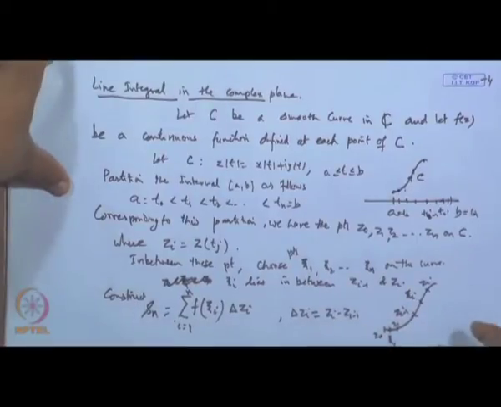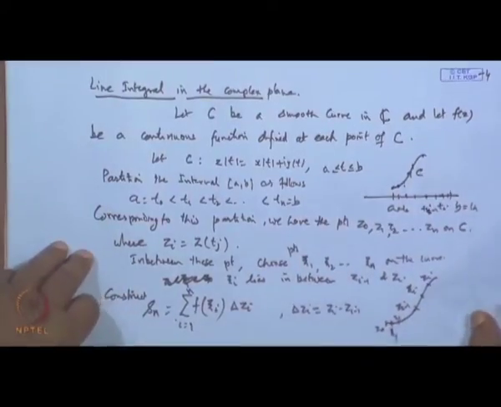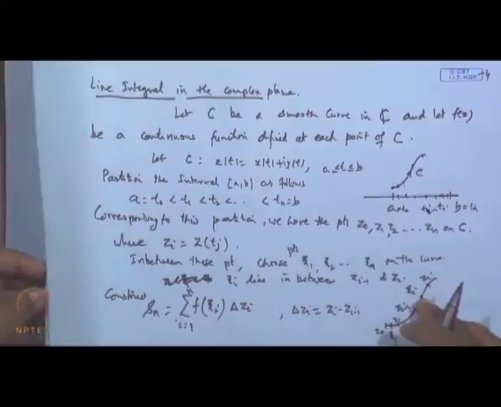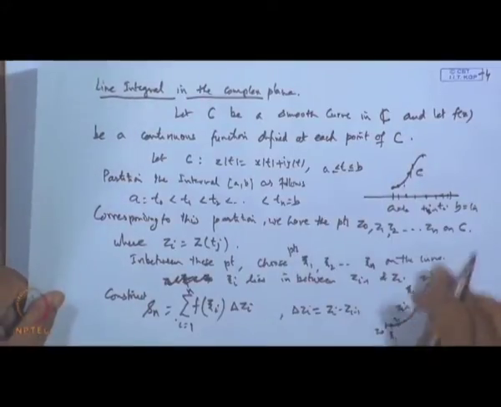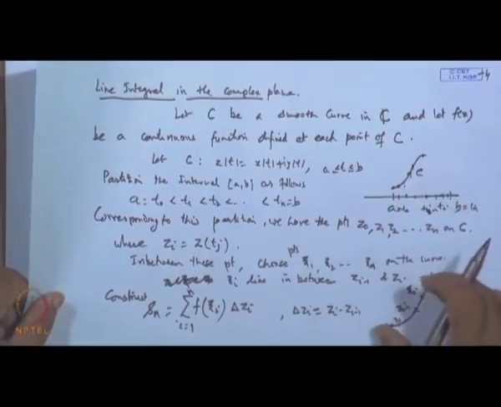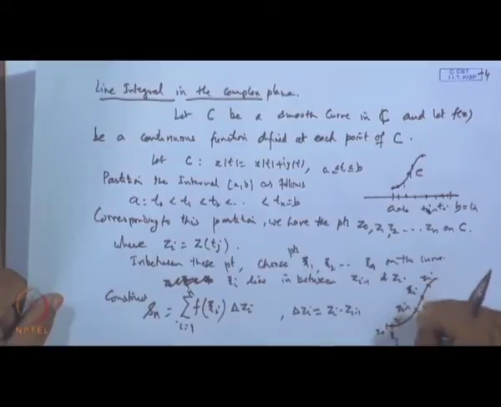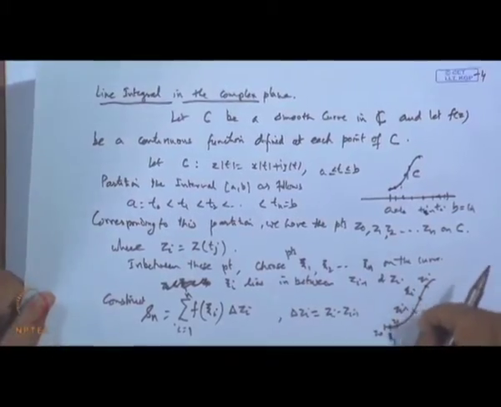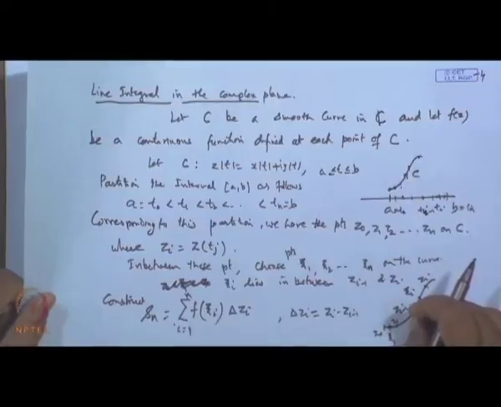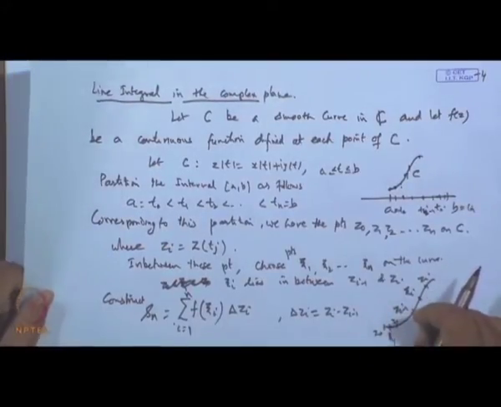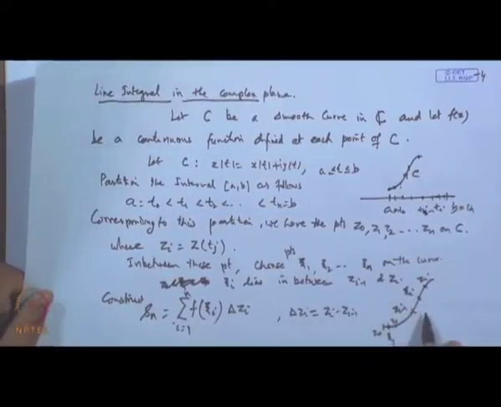Now, as you keep on increasing the partitioning points between a and b, the corresponding points on the curve are very close. Take the limit when n tends to be sufficiently large, or when the maximum of the modulus of delta zi goes to 0.